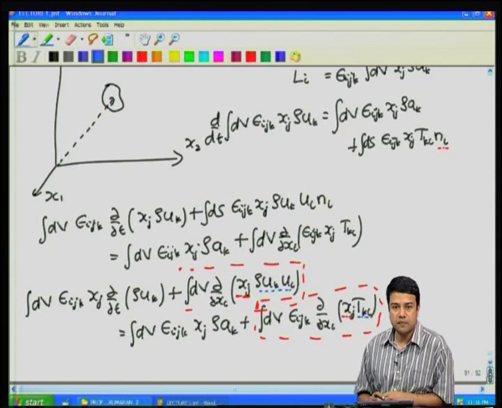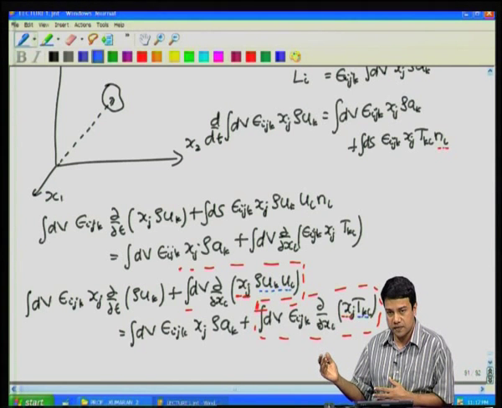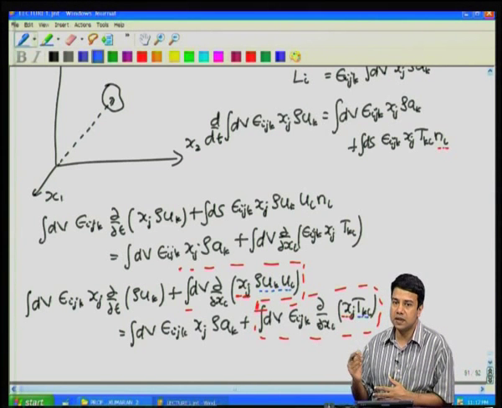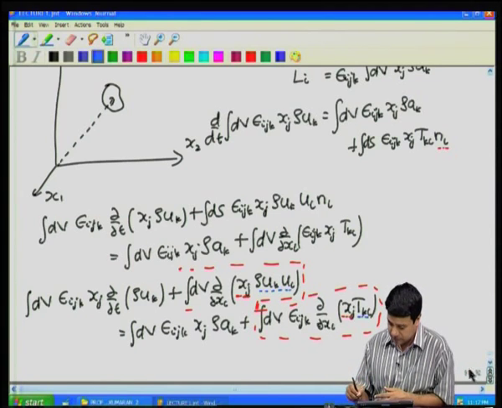And all of these involve partial by partial x l of x j, that is equal to either 1 or 0. If j and l are equal, that is equal to 1, and if j and l are not equal, it is equal to 0. So, this is our familiar identity tensor delta j l. Partial x j by partial x l is 1 if j is equal to l, 0 if j is not equal to l. Therefore, it is equal to the identity tensor delta j l.